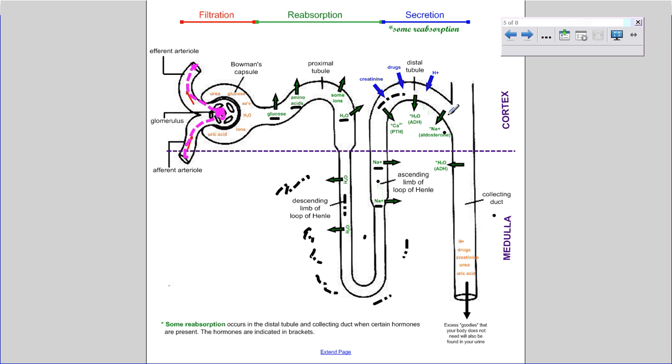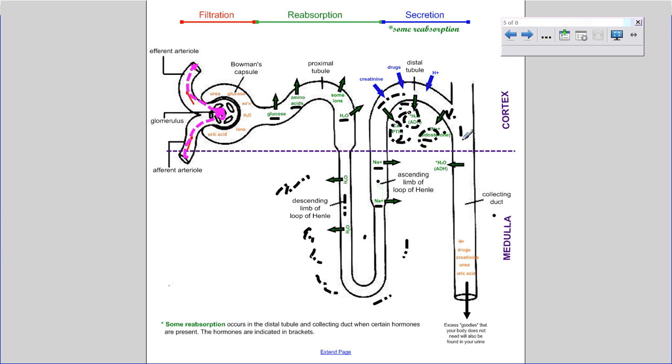Water is going to follow the sodium and be picked up by your blood. So when the water goes in, it increases the blood volume and therefore increases your blood pressure. So these cases of reabsorption out here that have the green and they have the stars by them and they have the hormones indicated in the brackets, they are special cases.